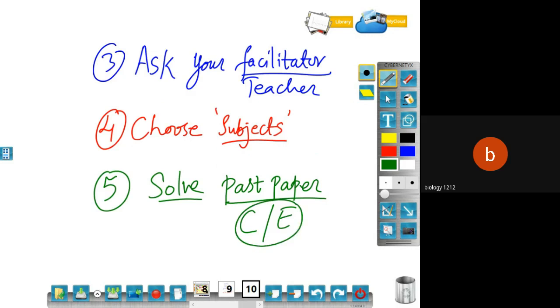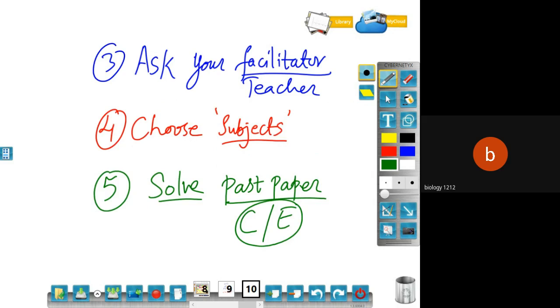For the MCQ paper, that's 40 marks in 45 minutes. For theory, follow the timing of 1.5 hours or 1.15 hours. And the last paper is the ATP. Follow that. Solve the past papers of whichever you're going for.